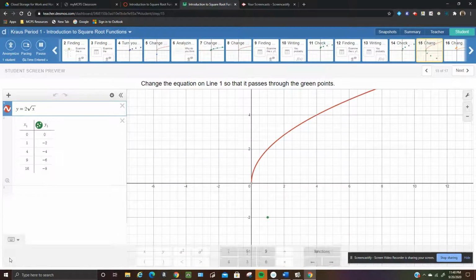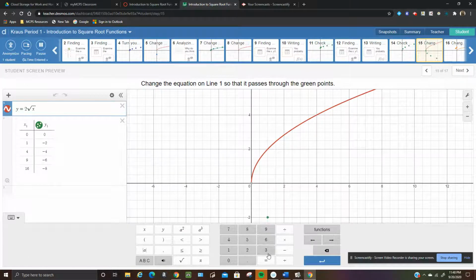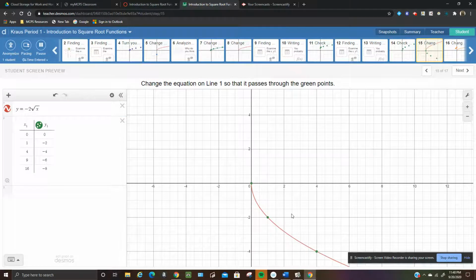So let me use the keyboard. All right, and there it goes, connecting the green points together. So to reflect over the x-axis, you just negate the whole function. That's a reflection over the x-axis.